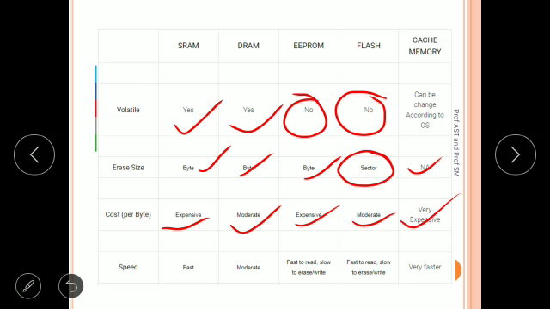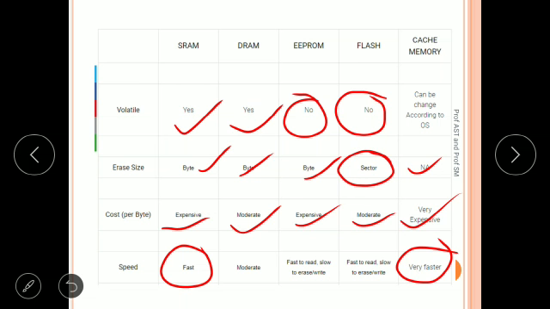If you see the speed of execution, SRAM is fast and cache memory is the fastest memory because it's on-chip memory. As it is close to the processor CPU core, obviously its speed of execution will be more. As I told, cache memory is on chip, it's like a set of registers.